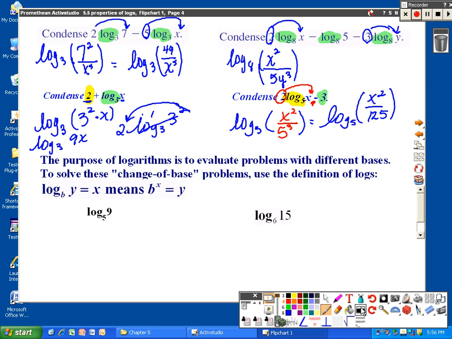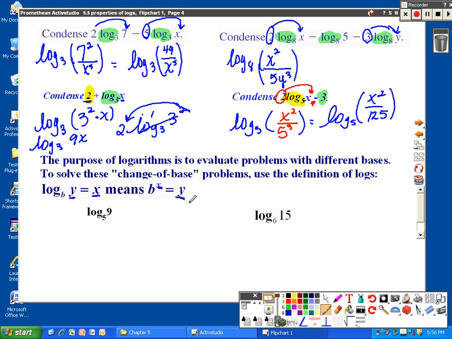And the author of this book does refer to it as a change of base. But all change of base means is that you will apply your definition of what logarithms are. Remember that log base b of y equals x. That means the base was b, the power was x, and the value was y. So b to the x equals y.